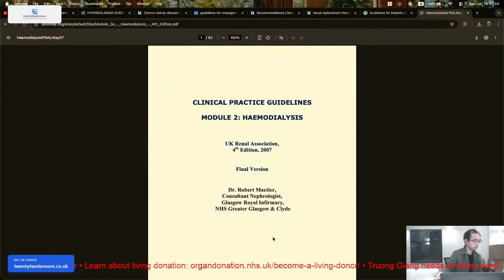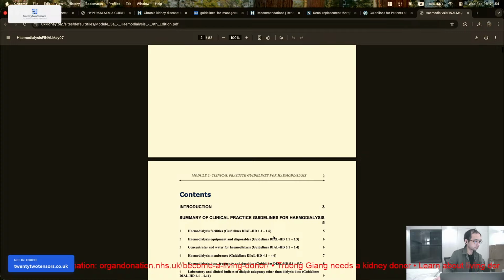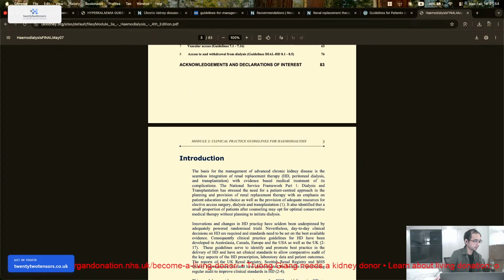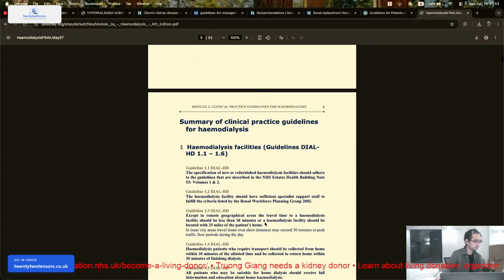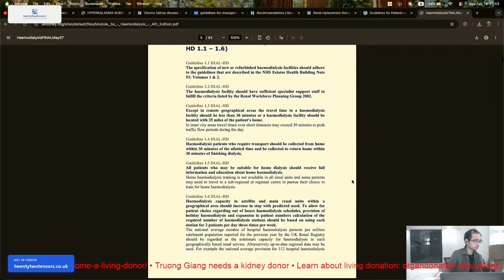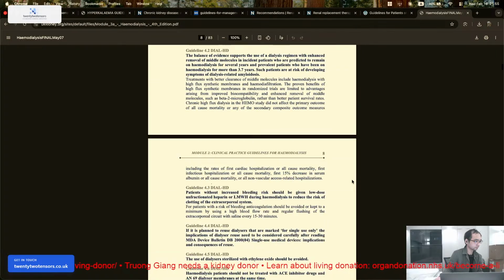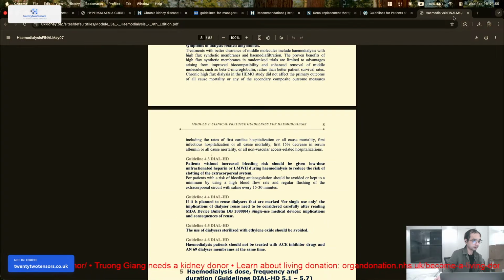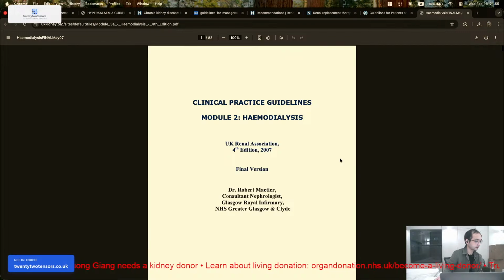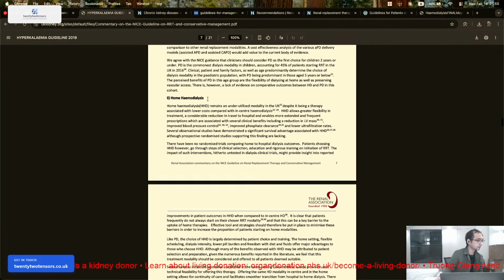Why are there a lot of guidelines from different NHS all over the UK? Yeah, I don't think I need it. It is outdated from 2007.